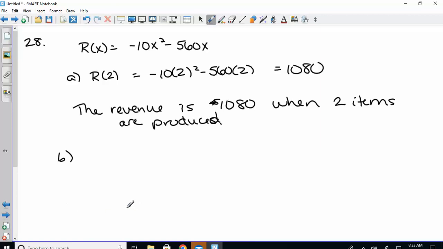B, how many items should be produced to maximize revenue? Anytime I ask you to maximize, what am I asking for? Vertex. How do we find a vertex? So, opposite of negative 560 would be positive 560 over 2 times negative 10.